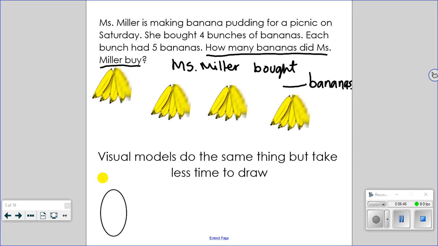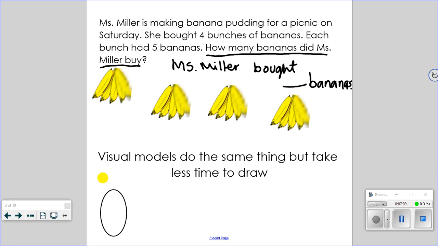Circles and dots are a visual model. That just means it's a model that I can use and see and draw. But they take a lot less time to draw than bananas. The first thing I'm going to draw are circles, and not just a random amount of circles.